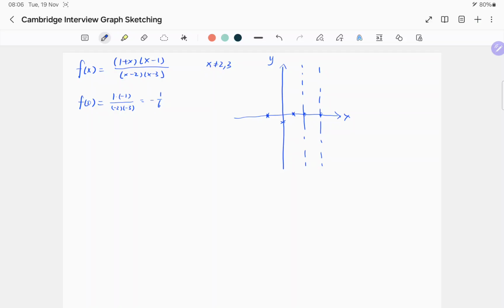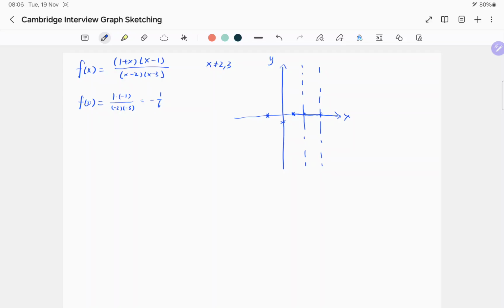In this kind of question, we also want to know in each section, here is a section, here is a section, here is a section, whether the value is positive or negative, because every section is divided by an asymptote or a 0 point. So for every section, it is good for us to find out whether it is positive or negative.